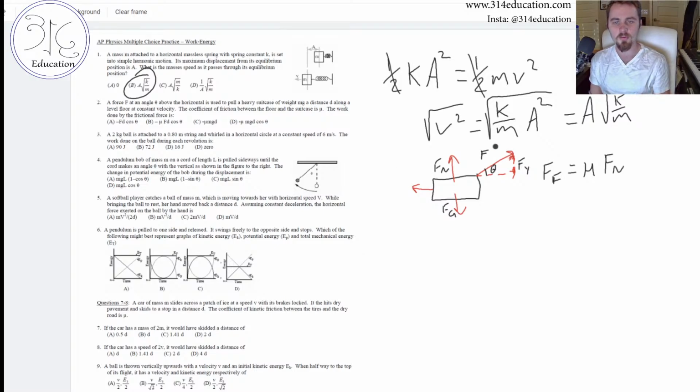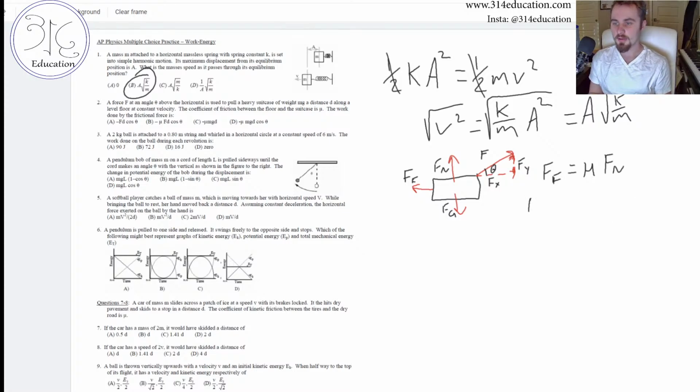So what we can do is use the condition that we are traveling at a constant velocity. Constant velocity, what does that mean for us? Well, that means our acceleration in the x direction is going to be 0. So that tells us that the x component of our pulling force is going to equal our frictional force.